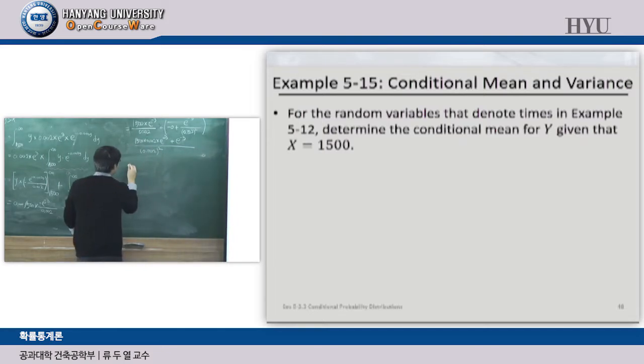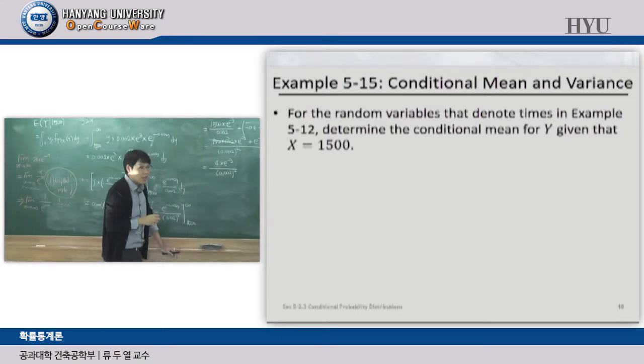And that is equal to 3. So the answer is 4 times exponential minus 3 over 0.002 squared. Okay?